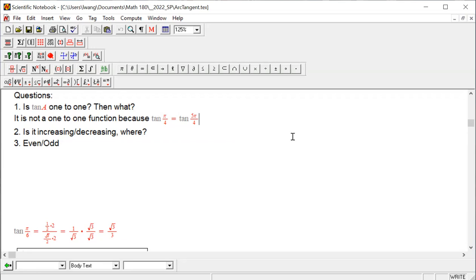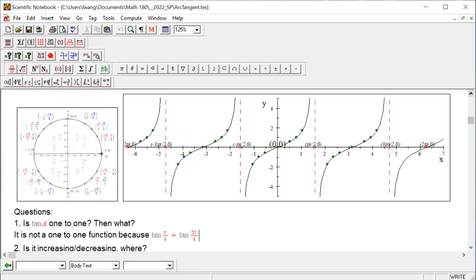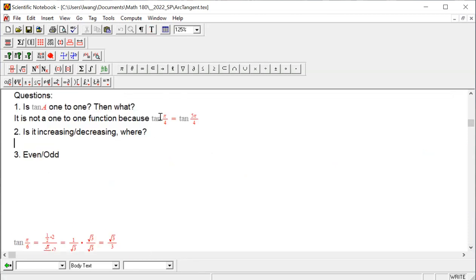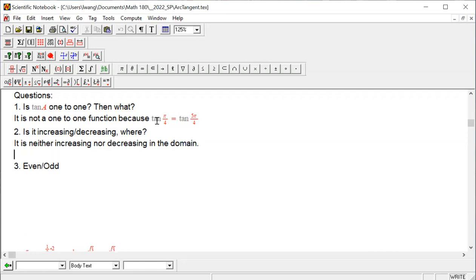Is it increasing or decreasing? What's the definition of increasing? What's the definition of decreasing? Well, this goes up, and here is lower, so it's not consistent. It is neither increasing nor decreasing in the entire domain.